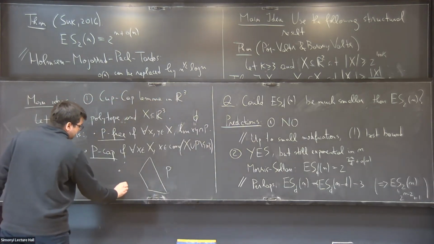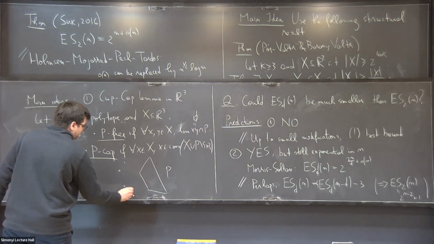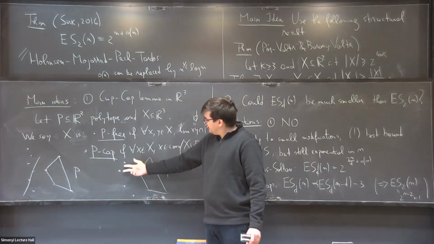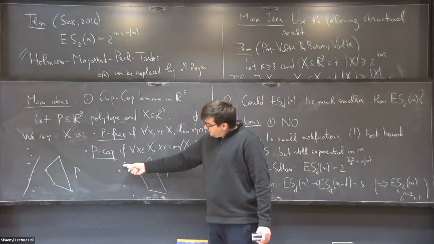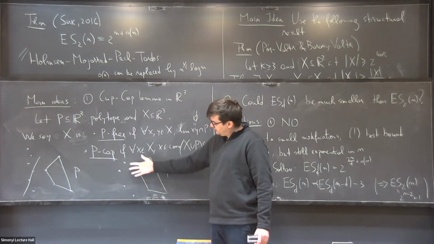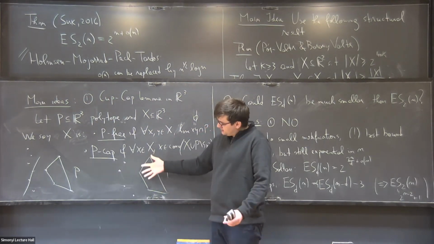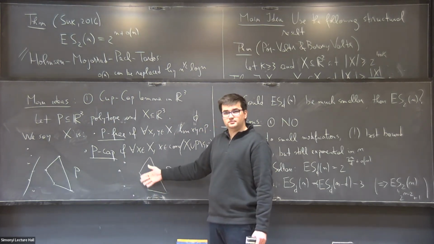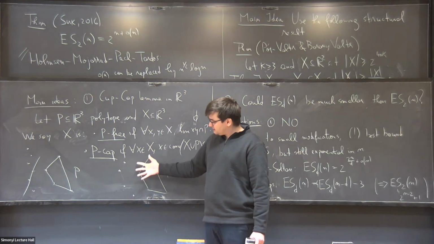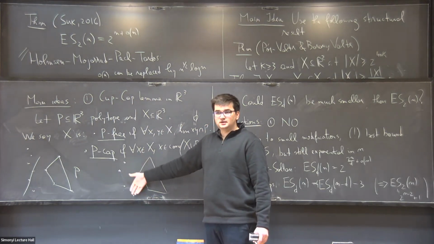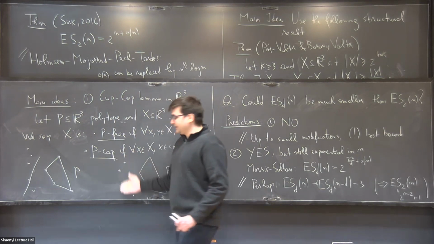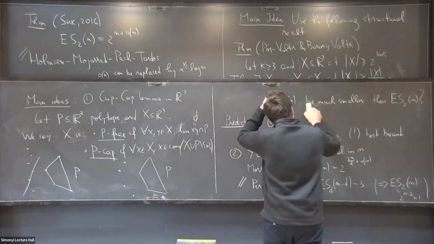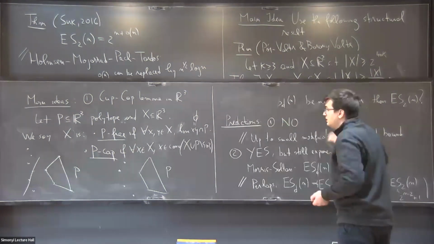A P-cap is something that looks like, so it's a set that when you take the convex hull of it, the resulting thing might not be in convex position. There could be some points here in the polytope, but it fails to be, not really because of this, and here is separated from the rest. So X does not belong to the convex hull. Yes, sorry.